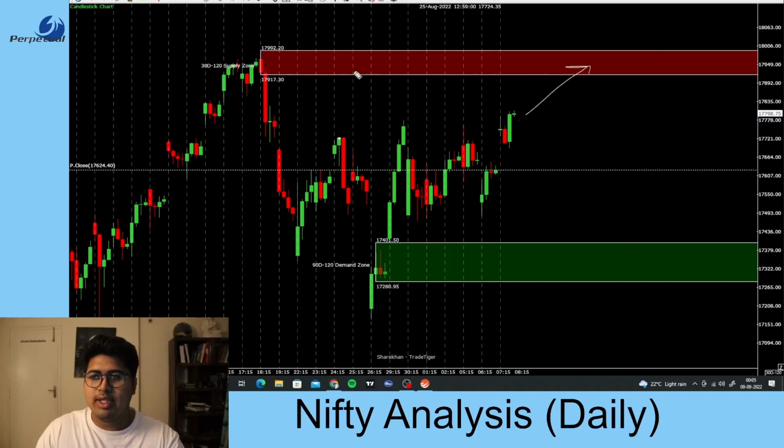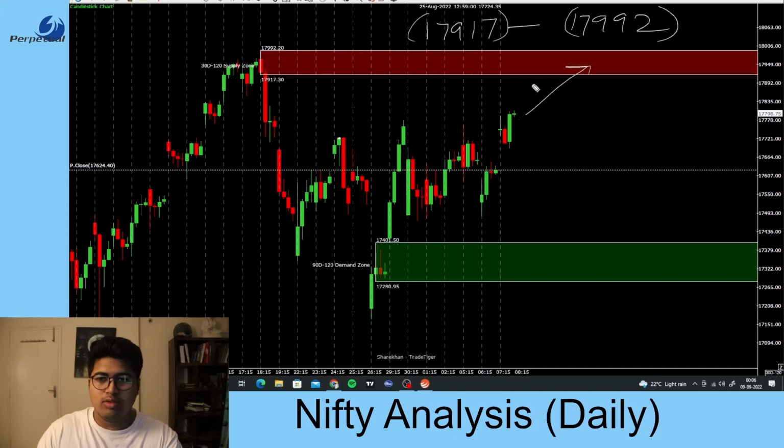So I would say focus on this zone, and the price range for this zone is 17,917 till 17,992. So what I would suggest for you to do is wait for it to come to this price range, and then you can short.